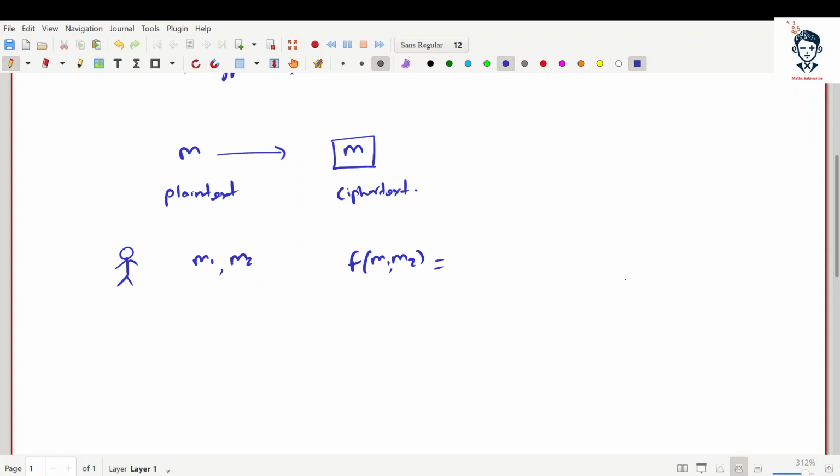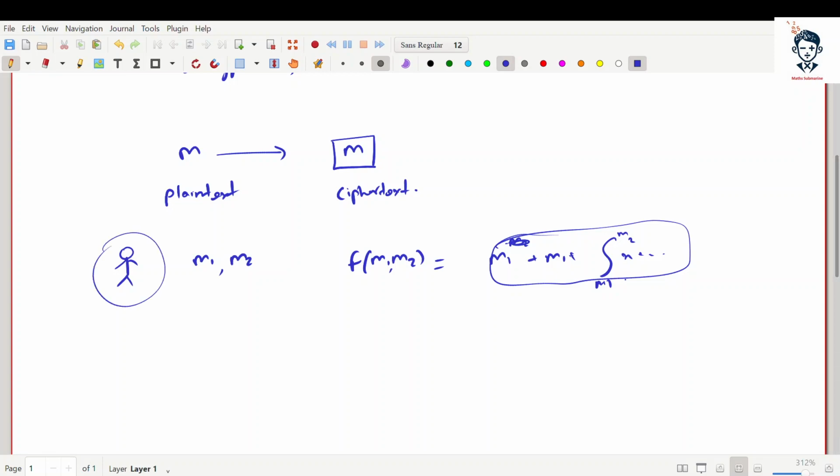Say for example, M1 raised to M2 plus M1 M2, or some integration. Some big computation is there, which this guy is not able to do.